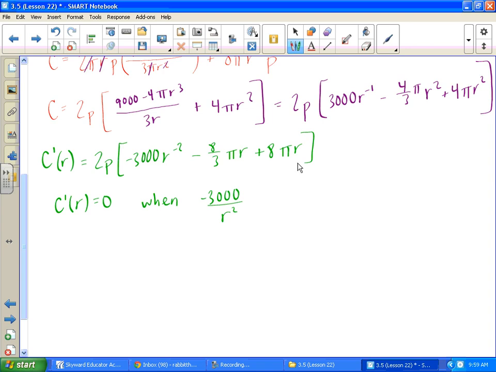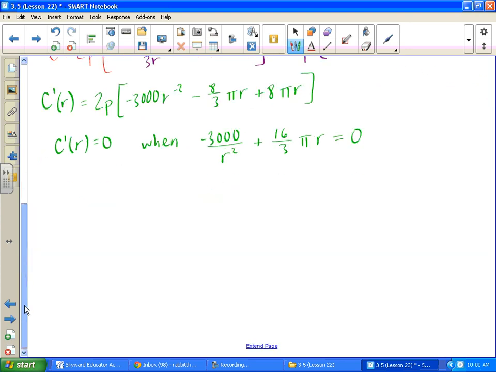And then if I combine these two pieces together, what's negative 8/3 plus 8? 8 is how many thirds? 24/3 minus 8? 16/3, so this would be plus 16/3 pi r equals 0. Then I'm going to move this to the other side because it's negative, and I'm not a huge fan of negatives. So I have 16/3 pi r equals 3,000. If I add it, it turns positive over r squared.